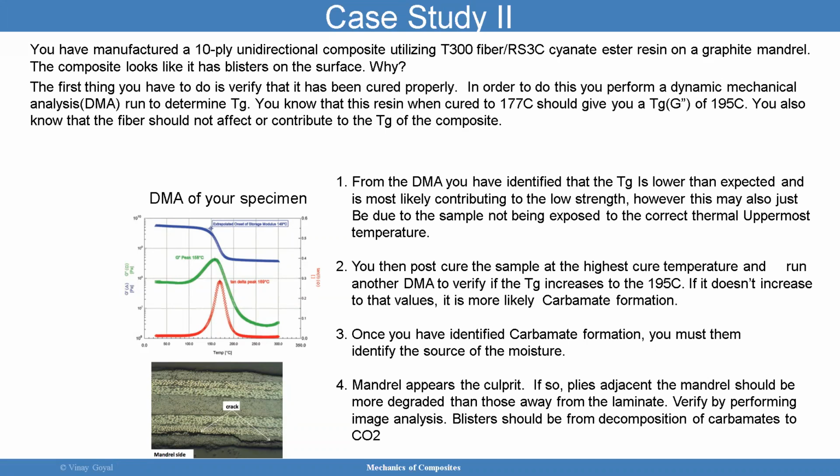You can determine that by looking at the loss modulus curve as a function of temperature. And we know for this system that the resin, when cured to 177 C, should give you a TG of about 195 C. About that, okay?